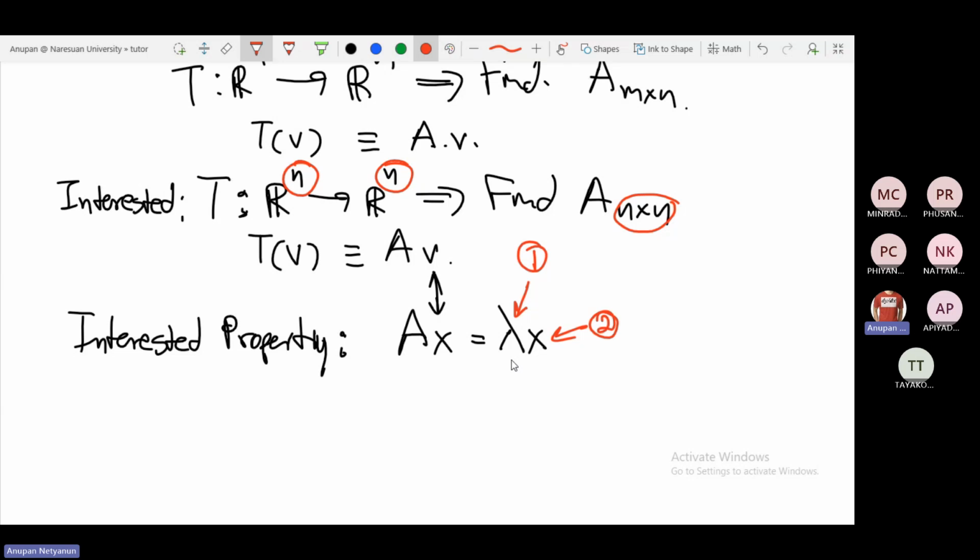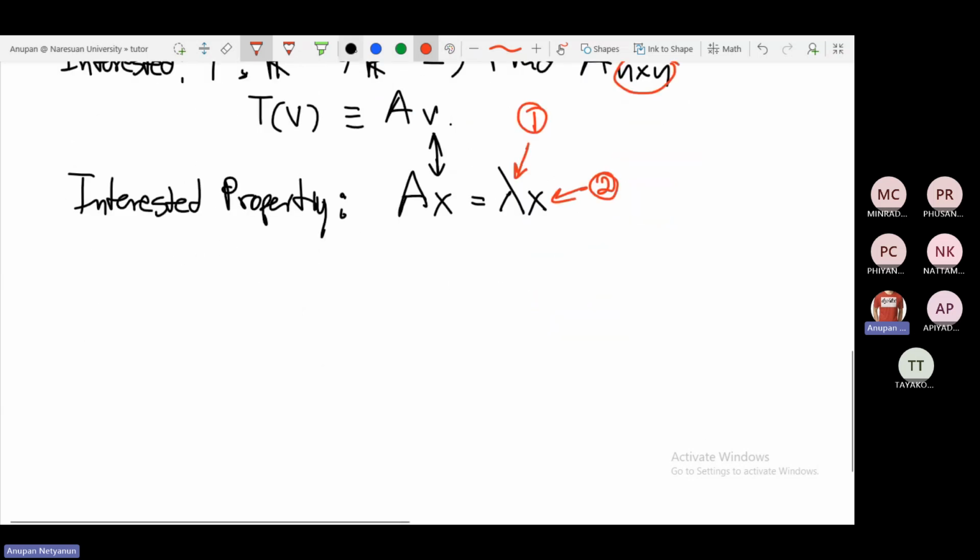Okay, so now from this equation, let me give you an example first, before we go to the method to find lambda.